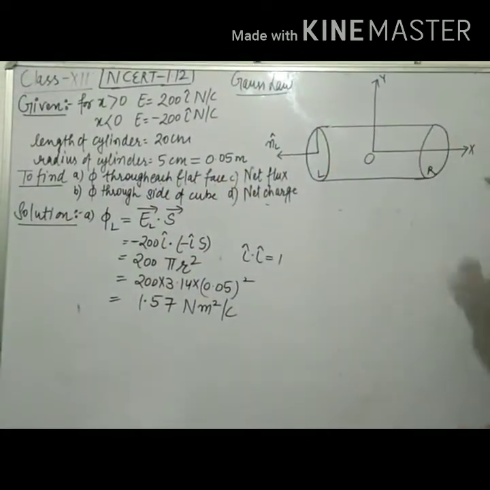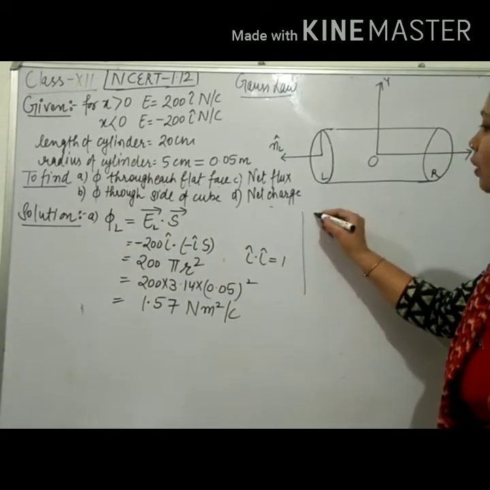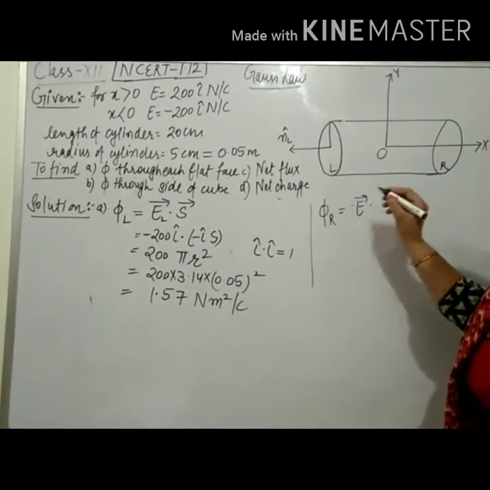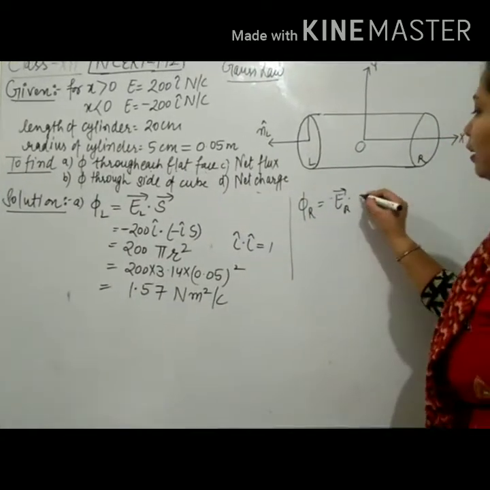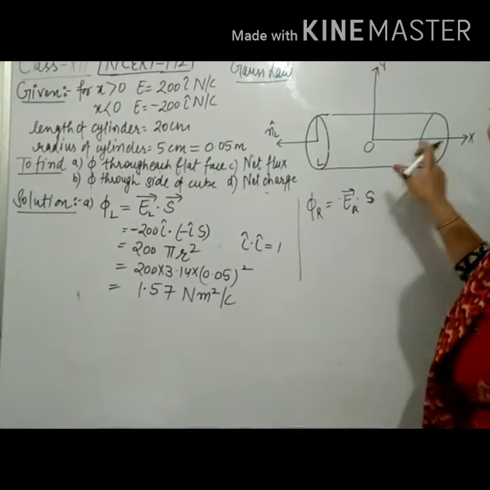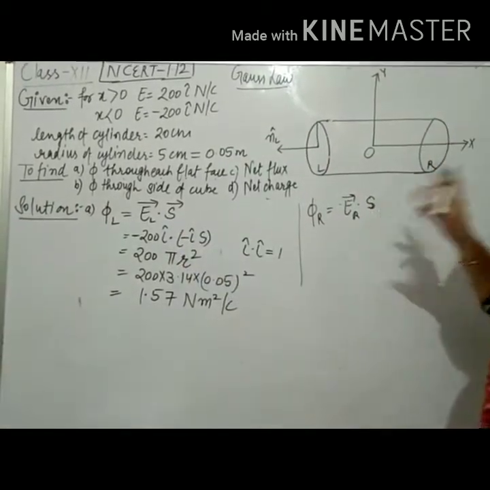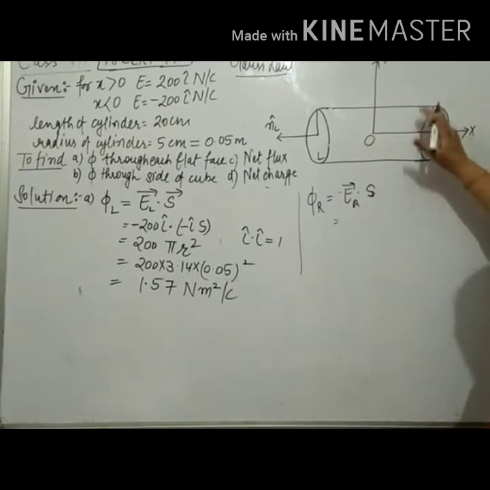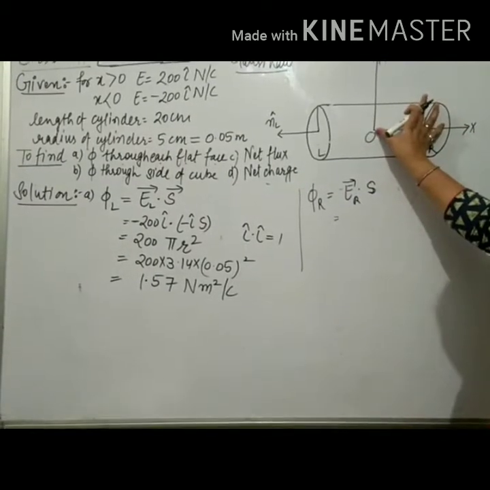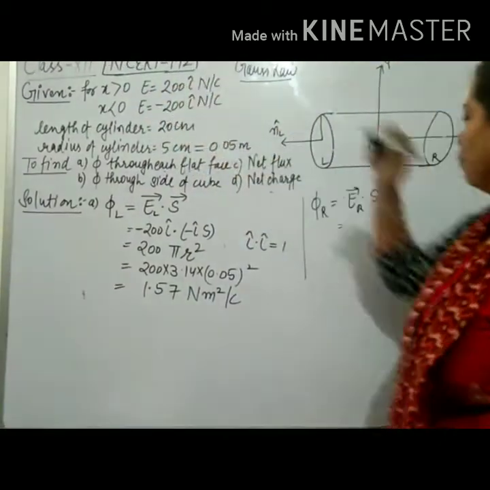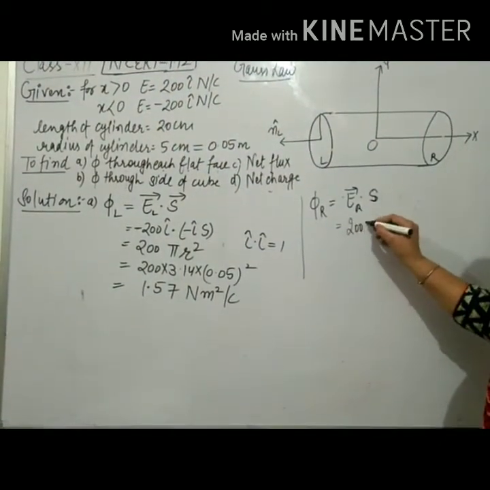Now for the right we have to do flux again. That is given by the same E into S. The areas of both faces are the same, so I am keeping only S. What is the value of the electric field on the right? For positive x it is 200 I cap.